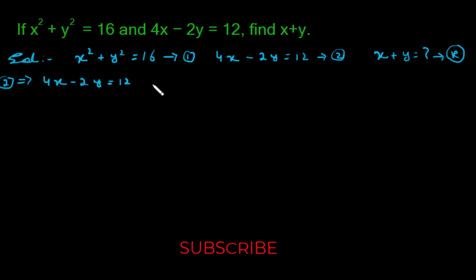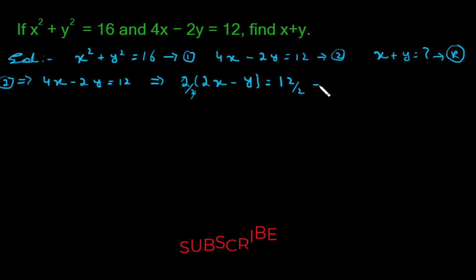I can see that I can take 2 common from all the elements, which leaves me with 2x minus y is equal to 12. Now I will divide by 2 on both sides, so this will cancel and I will be left with 2x minus y, and when 12 is divided by 2, I will get 6.